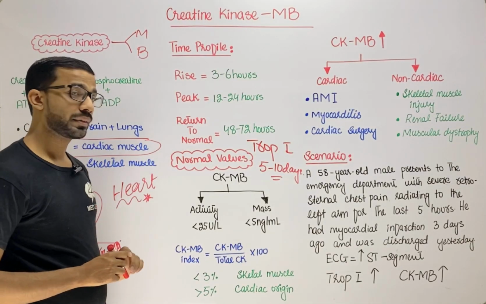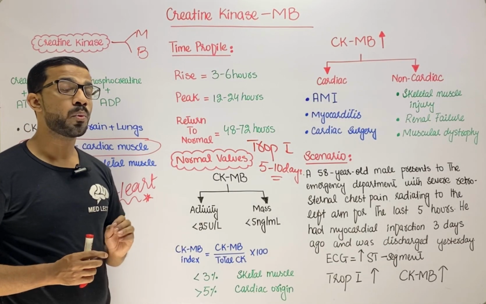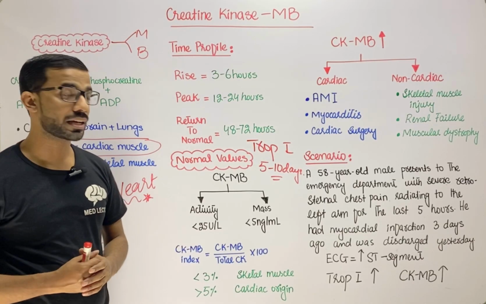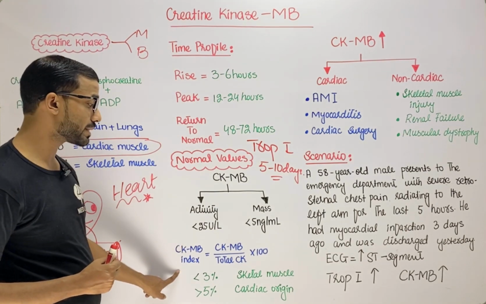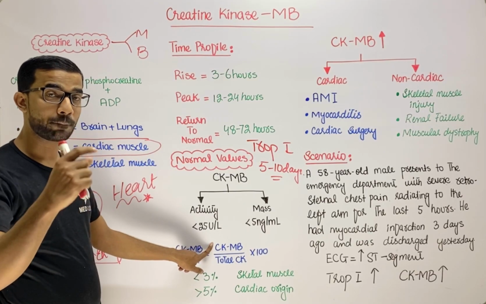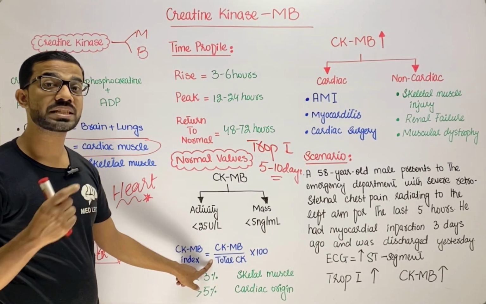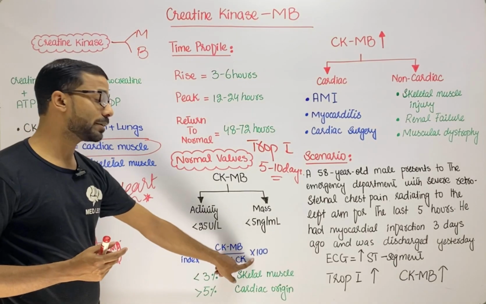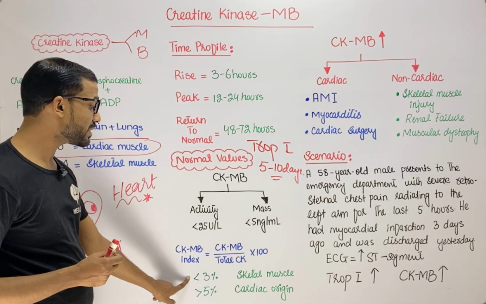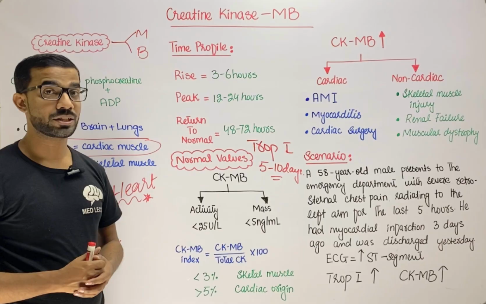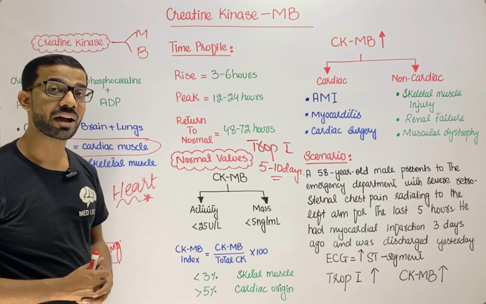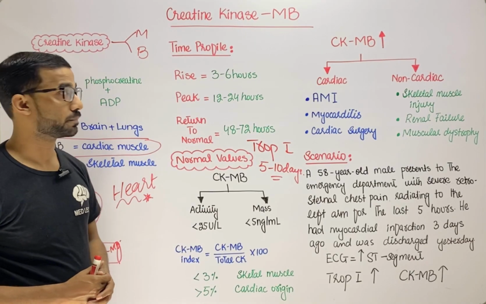But if we want to rule out whether the presence of the CKMB is related to the heart or another reason, we can go toward the CKMB index, in which we calculate CKMB divided by total CK, all isoforms, multiplied by 100. So we can take the percentage. If the percentage is less than 3, then it can go towards a skeletal muscle cause. But if the percentage is greater than 5%, then it will go towards a cardiac origin.